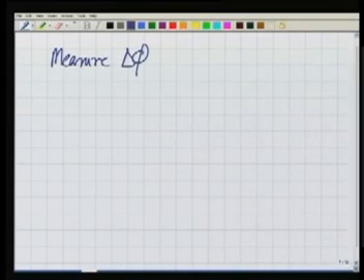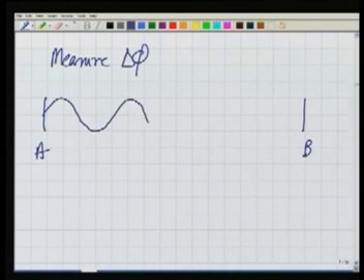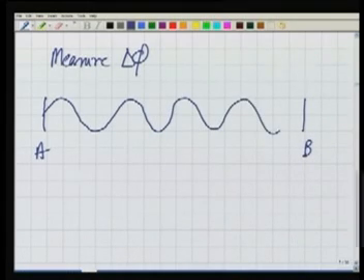Now again I am going to draw a figure here. This is point A and point B. We want to measure the distance between these 2 points. So what we do, we again fire the laser pulse or any electromagnetic radiation which travels like this, and then it will come back.